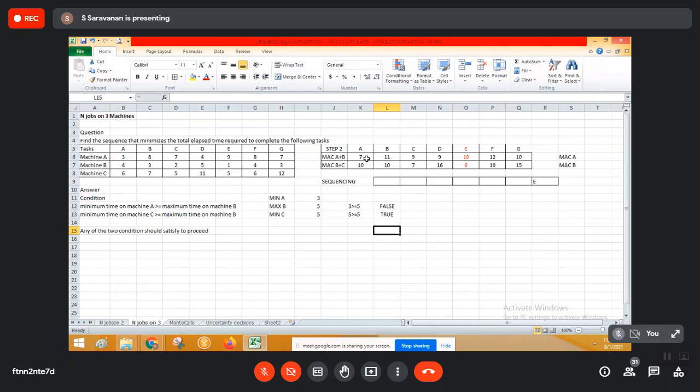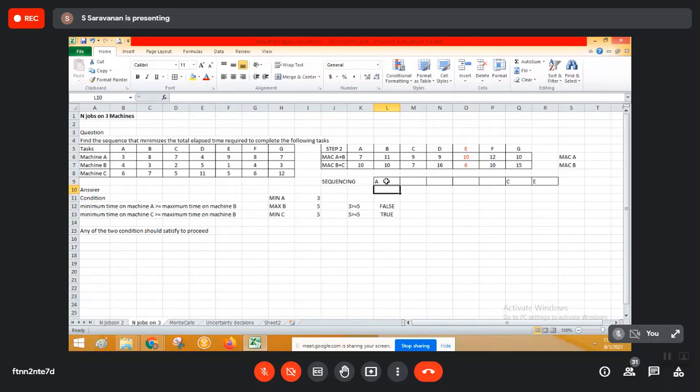If it is from machine B, it should start from the right hand side. So there are two things here, one related to machine A, one related to machine B. So I will take A sequencing here, and here it is C. Is there any confusion in understanding?